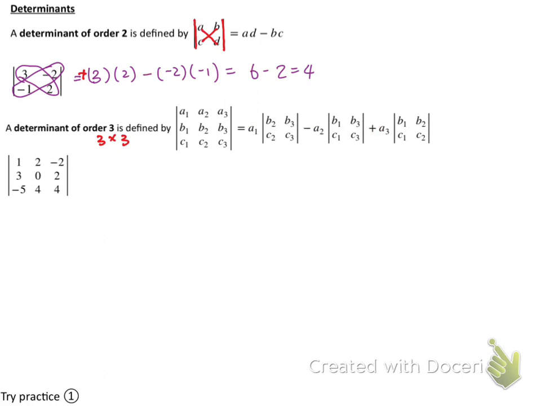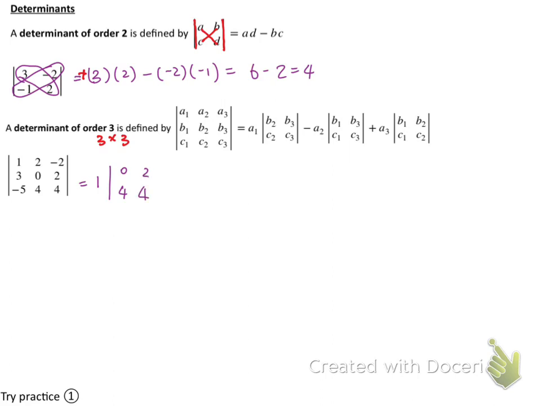Okay, so here again, I have this determinant for you, 3 by 3, 3 rows, 3 columns. To compute it, first you take the first number, and then you take away its row, you take away its column. That's why we are having 1 times this corner, 0, 4, 2, 4.